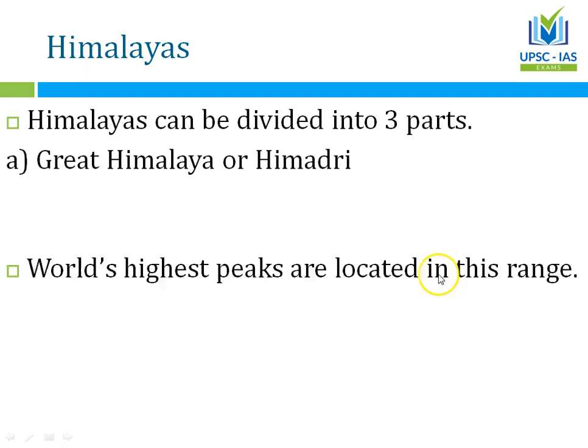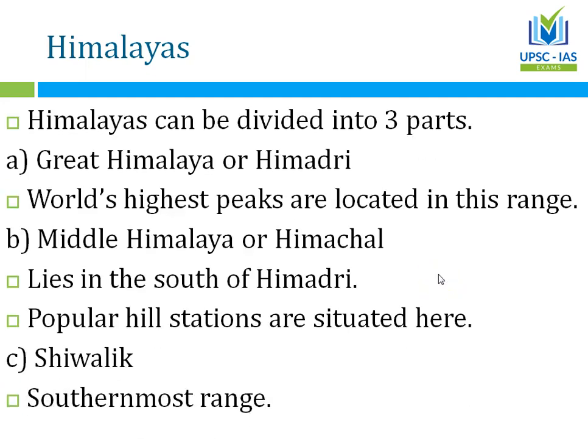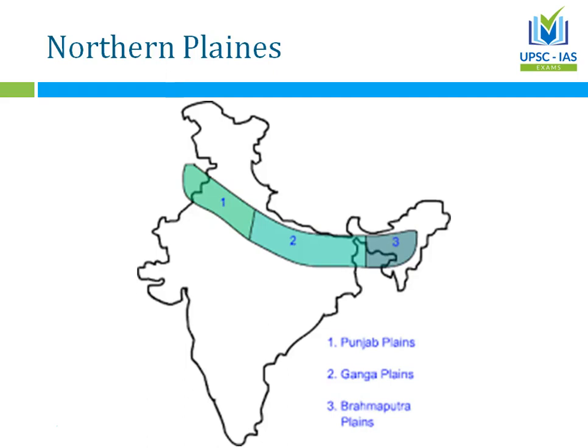Moving on, if we move a little bit to the southern side of Himalayas, we find the northern plains, right? Now, northern plains, as you can see on your screen, are divided into three parts. The first part is Punjab plains. The second part is Ganga plains. And the third part is Brahmaputra plains.